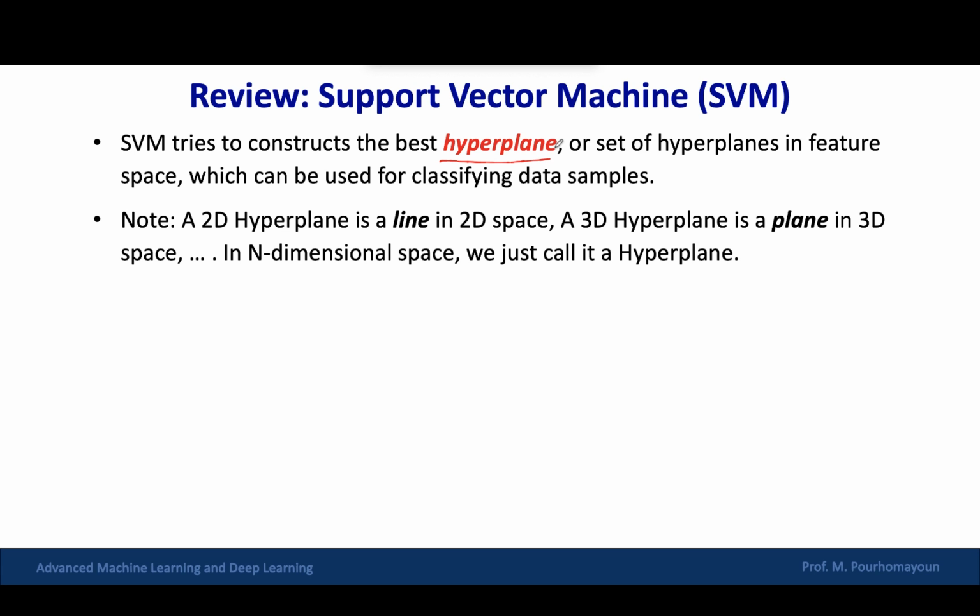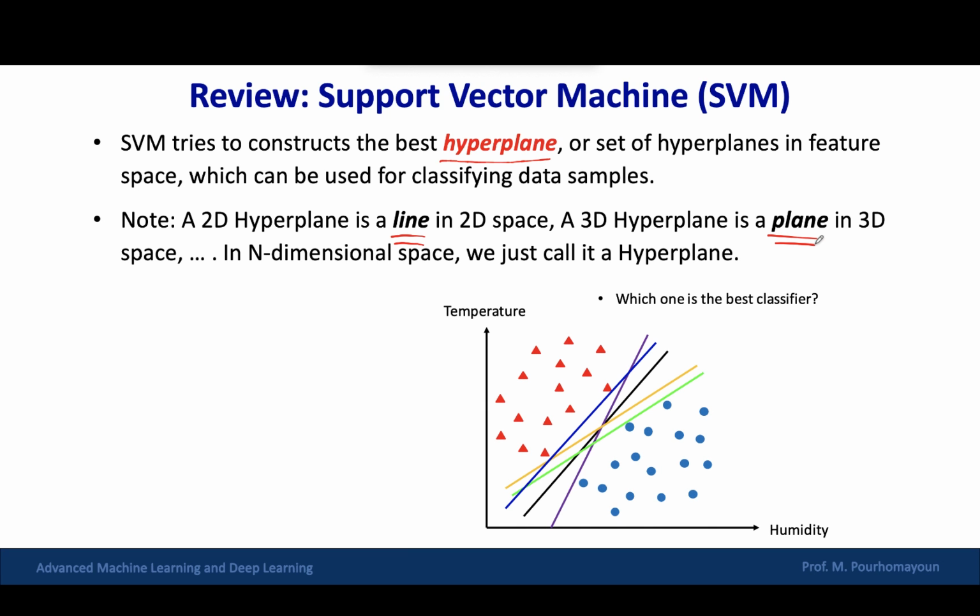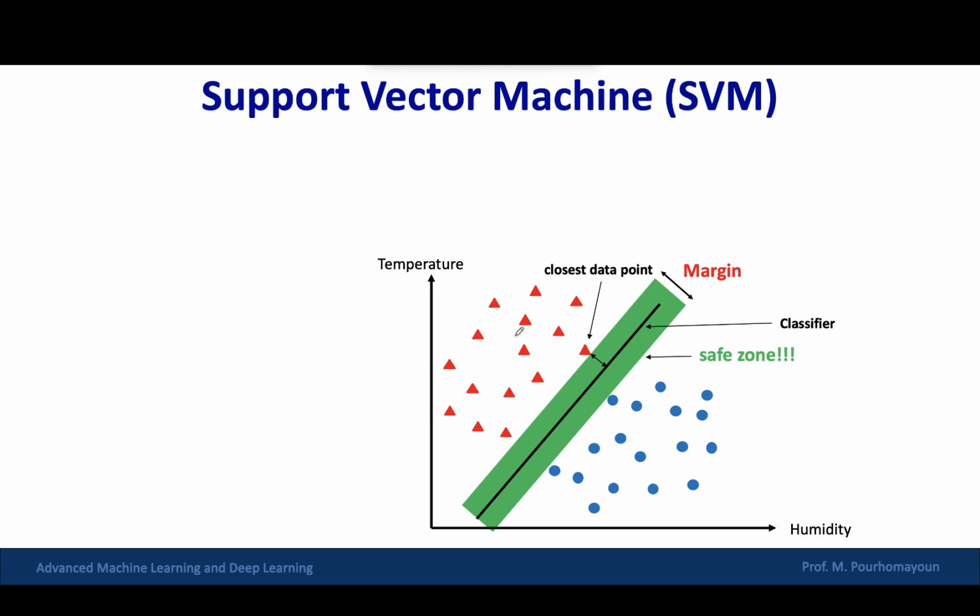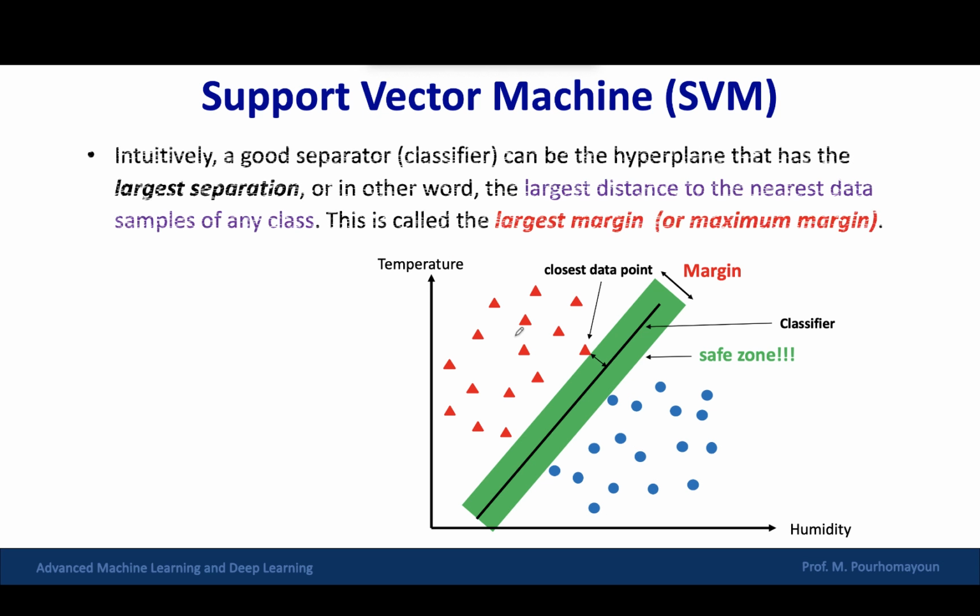But as I mentioned before, a 2D hyperplane is just a line, and a 3D hyperplane is a plane. So SVM tries to find the best hyperplanes, so these classifiers, or a group of them in our feature space, which can be used for classifying data samples. So this is what we talked about last week.